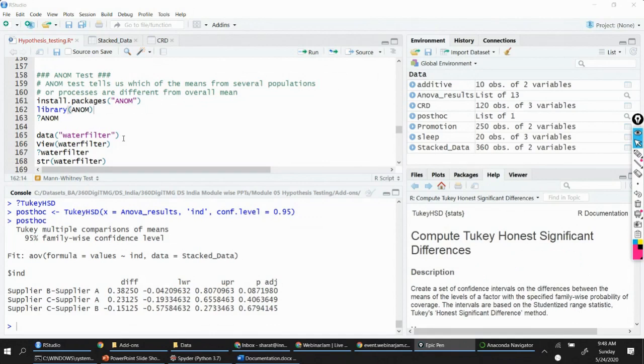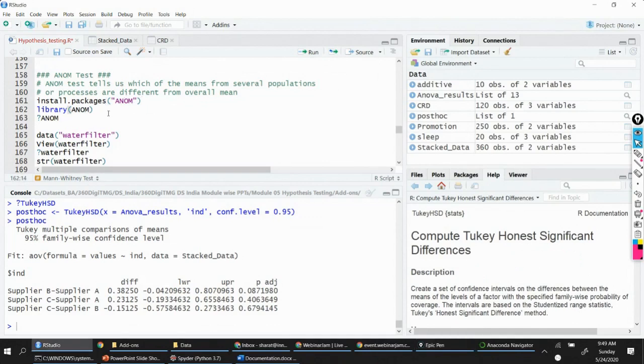But in ANOVA, we see variation among each other also: variation among sample A, sample B, sample C. That is ANOVA. Whether sample A is better compared to the overall mean, or sample B, or C is better compared to the overall mean, that is ANOM. Here, which mean is better, we can identify. Whereas in ANOVA, we cannot.